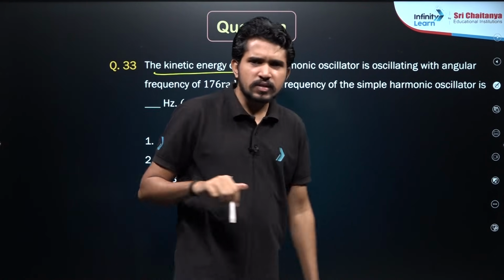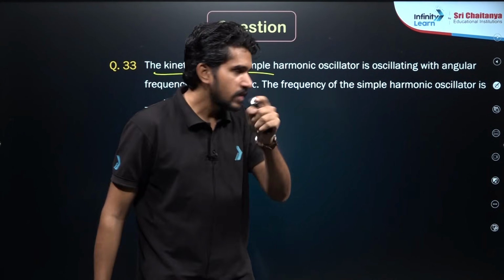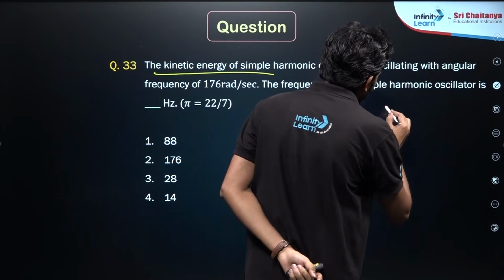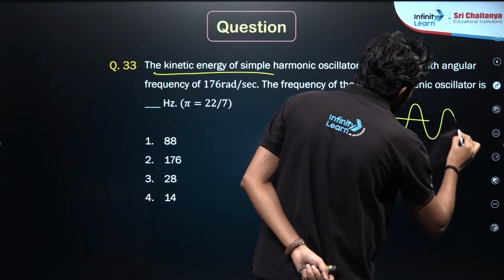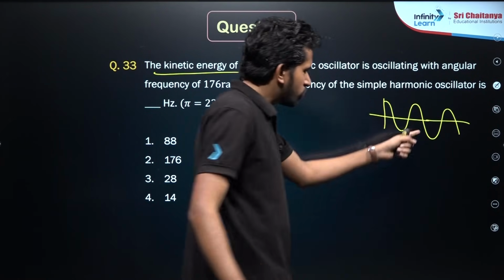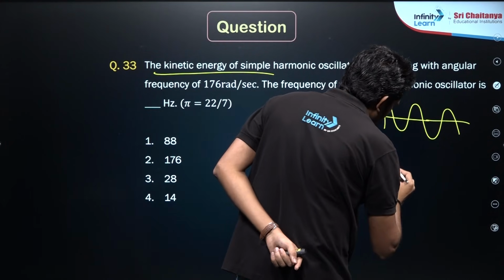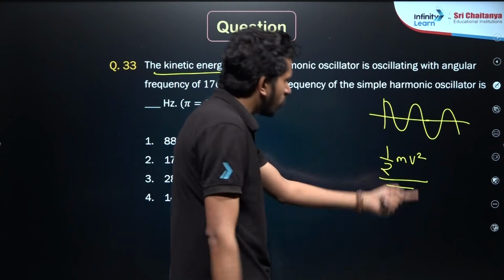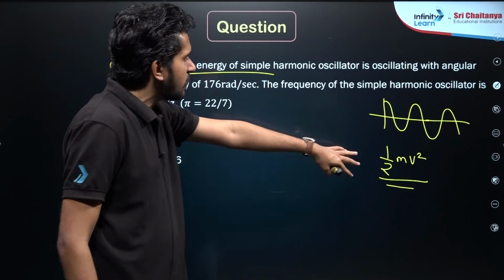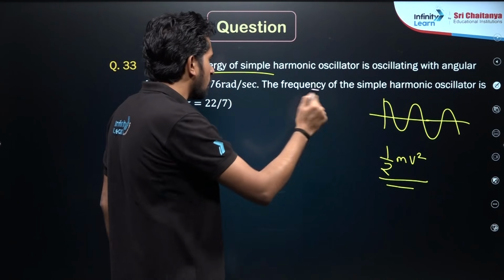Does kinetic energy have a frequency? Yes, it has. How, sir? If velocity has a frequency, then kinetic energy is what? Half m v square. So it also has the frequency.